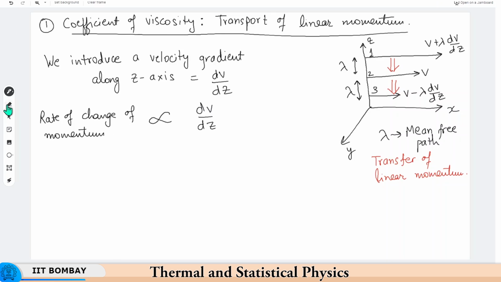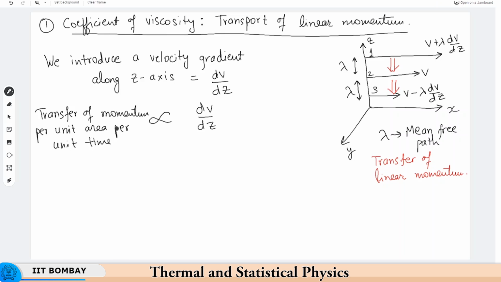Maybe we can define it in this way. So, this should be the change or transfer of momentum, I mean linear momentum, per unit area per unit time.